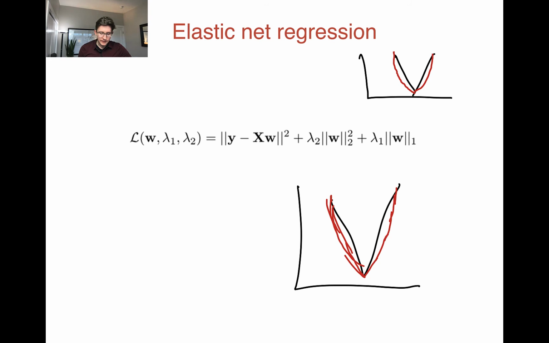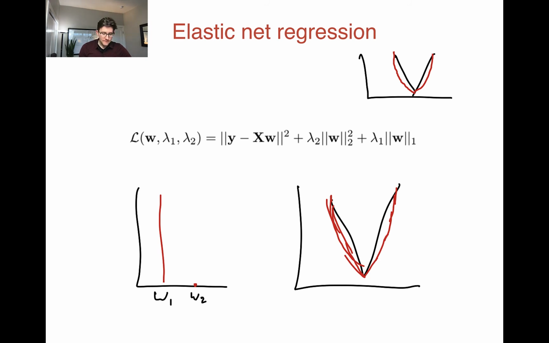So what's going to happen with elastic net regression? Just to draw that, it might look like this. If we have W1 and W2, L1 is going to choose, let's say, W1 to be high and W2 to be 0 generally. Now, with elastic net regression, if we add both this L2 and L1 term, notice that the strength of the penalty for each parameter in the L2 case grows as the value gets higher.